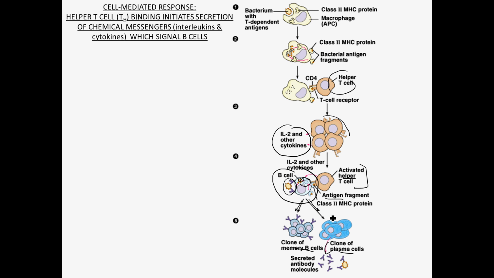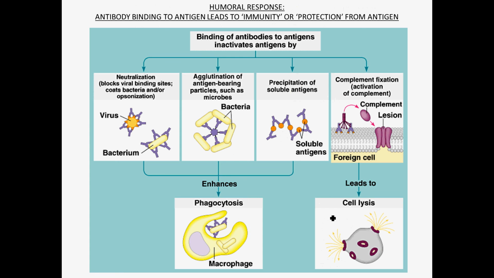So let's go see what the antibodies are actually doing. The antibodies are binding directly to, in this case, the virus or the bacterium, and the binding of the antibodies actually blocks the virus or the bacterium from infecting cells. So preventing the virus or the bacterium from entering the cell is one role of antibodies.